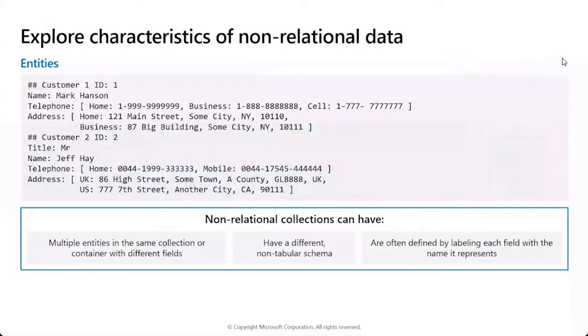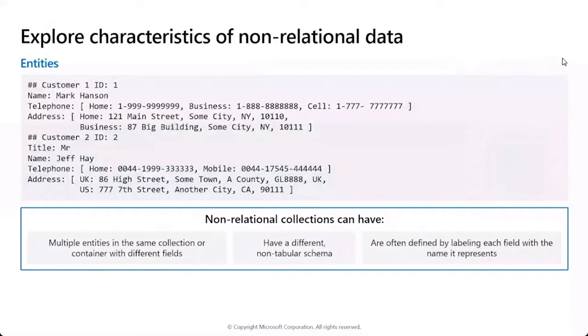So two entities in the same collection can have a different set of fields rather than the regular set of columns found in a relational table. This lack of fixed schema means that each entity can be self-describing. Often this is achieved by labeling each field with the name of the data that it represents. So for example, a non-relational collection for customer entities might look something like this.